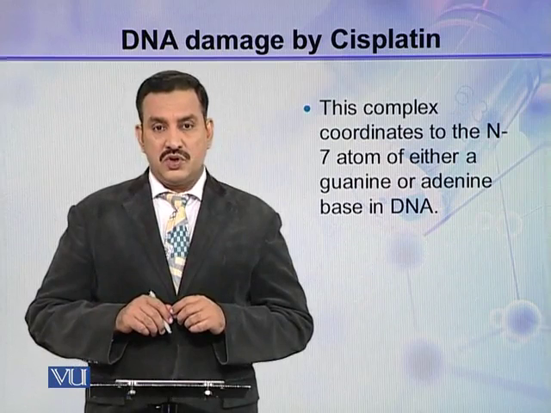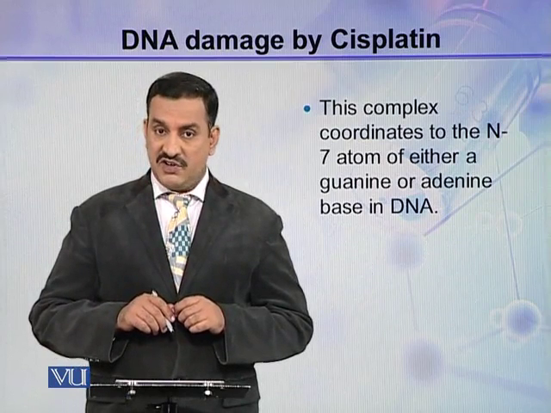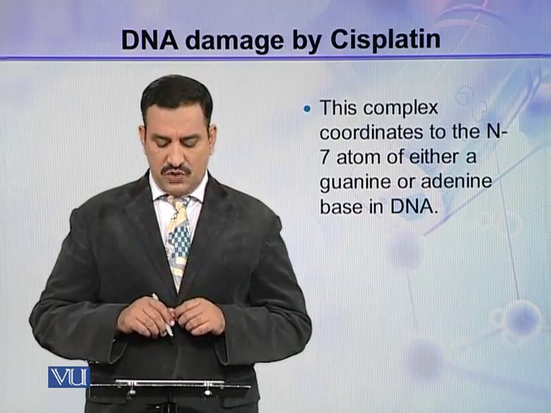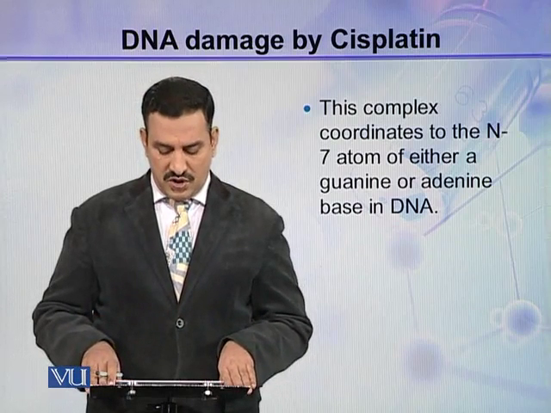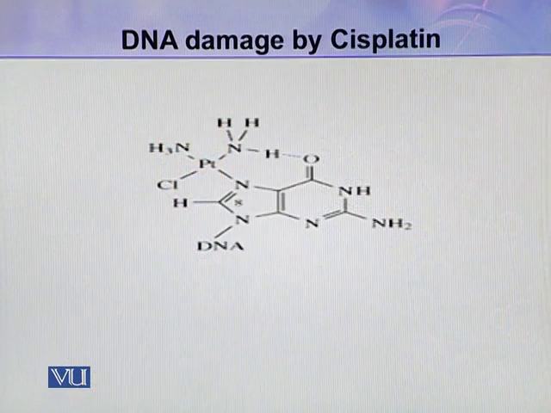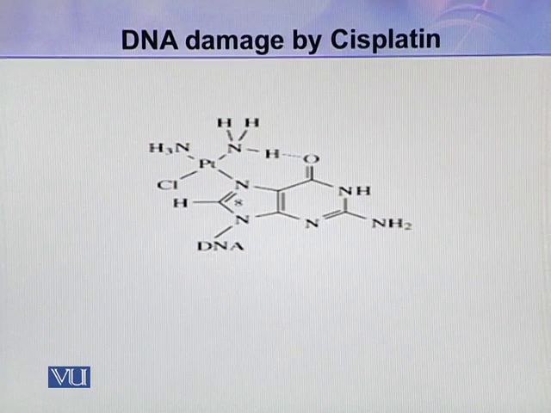And this complex, being highly reactive, coordinates to the N7 atom of either guanine or adenine base in the DNA molecule. Here you can see this is a nitrogenous base, and to the N7 this cisplatin is attached.